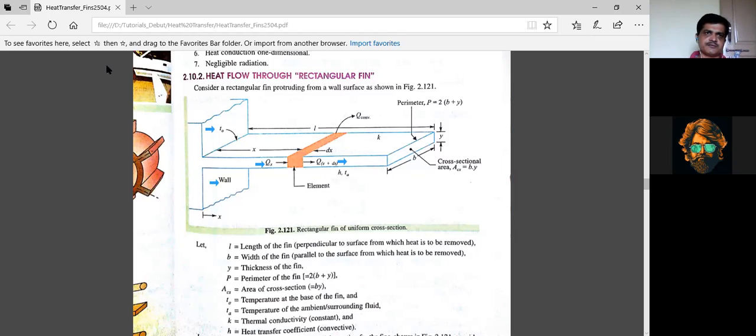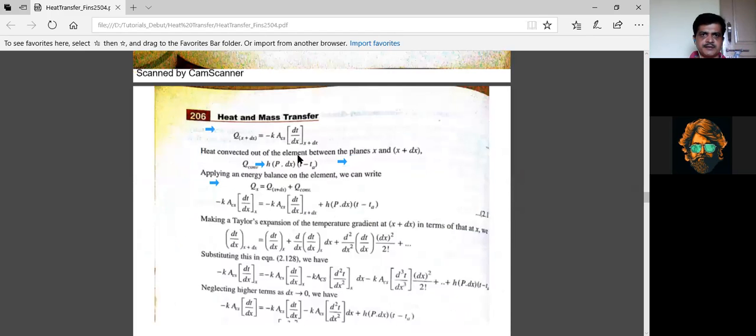Last class we made some assumptions, derived this equation, and finally got a very important equation: theta is equal to C1 e raised to mx plus C2 e raised to minus mx.